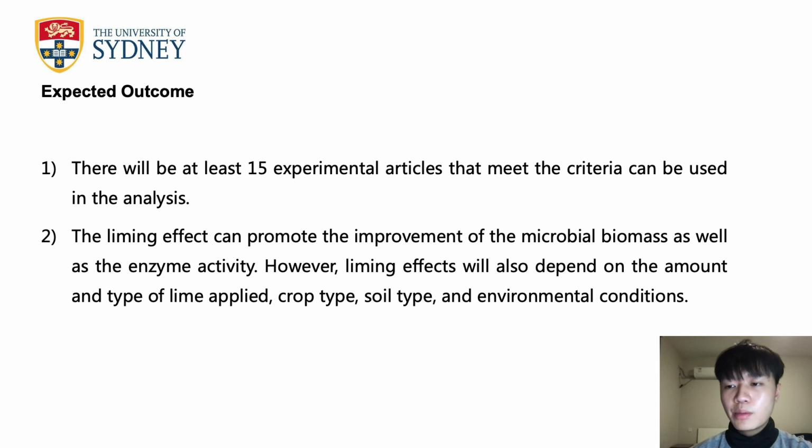Secondly, I hope I can find that the liming effect is indeed positive for soil microorganisms, even if there will be some differences because of various experimental conditions. The total effect of liming on microbial biomass and enzyme activity should be significant.